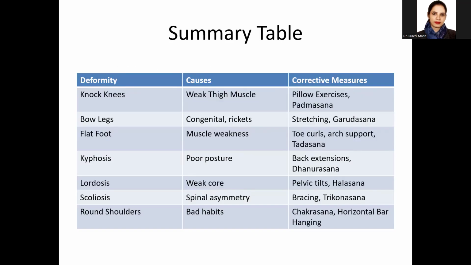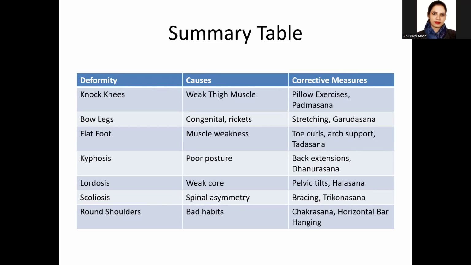So here is a summary table for the deformities. Here, for knock knees, the main cause is weakening of thigh muscle. To correct knock knees, we can perform pillow exercises, padmasana. Bow legs causes are congenital or rickets. Then stretching exercises and performing Garudasana, Ardha Matsyendrasana can help to correct bow legs.